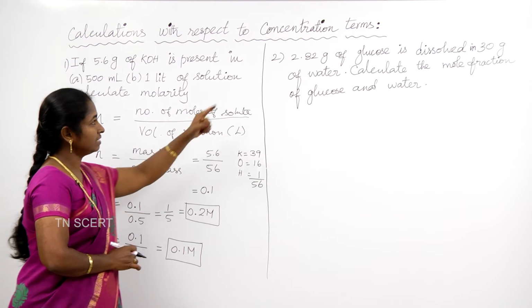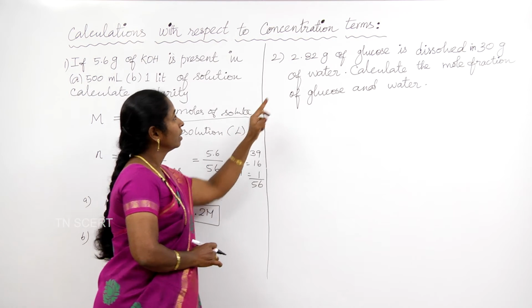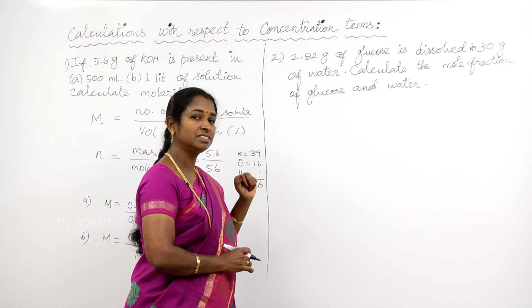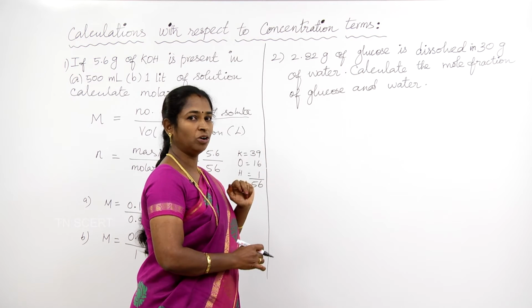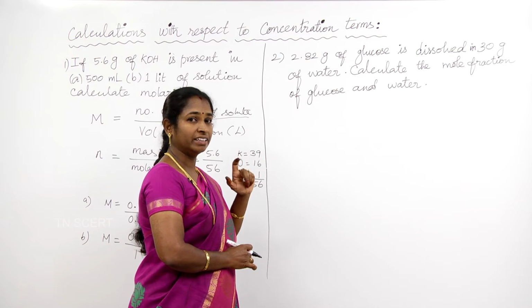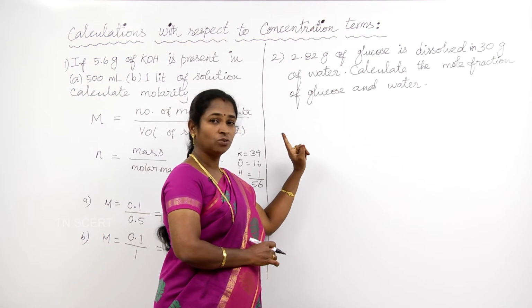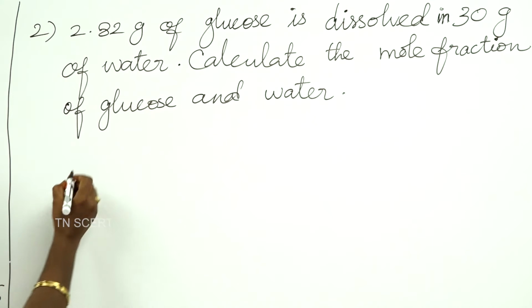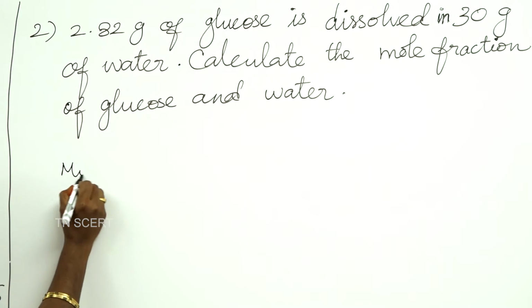Now, let us see the next problem. 2.82 gram of glucose is dissolved in 30 gram of water. Calculate the mole fraction of glucose and water. How to calculate mole fraction?